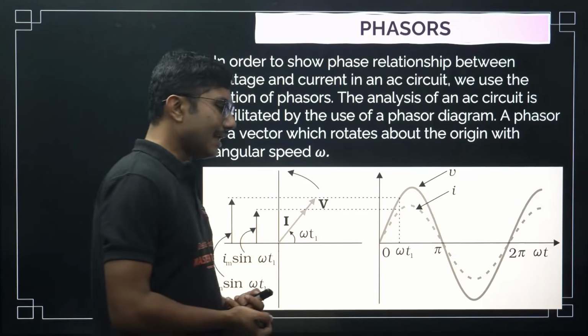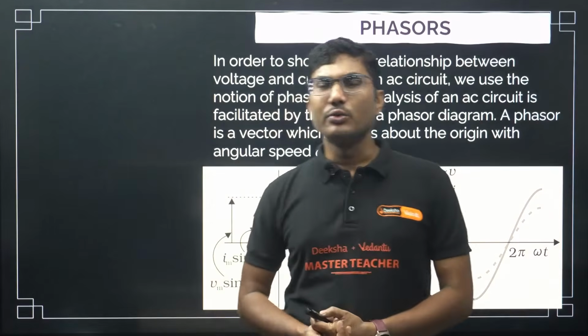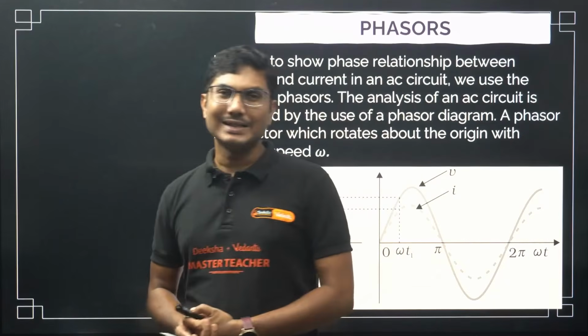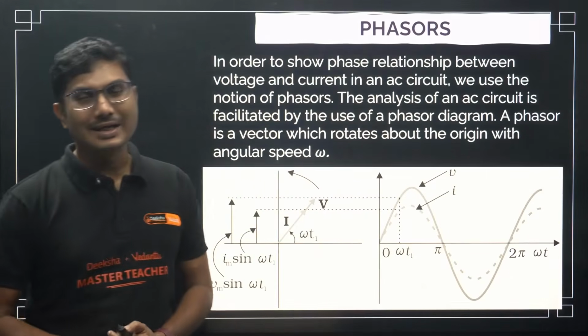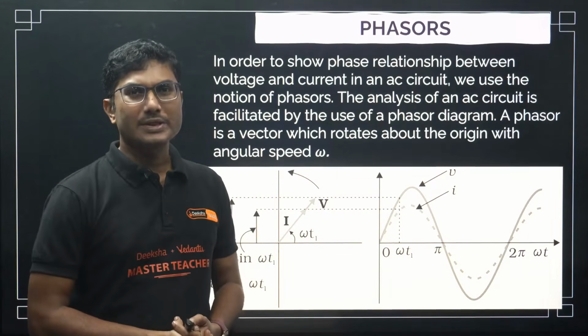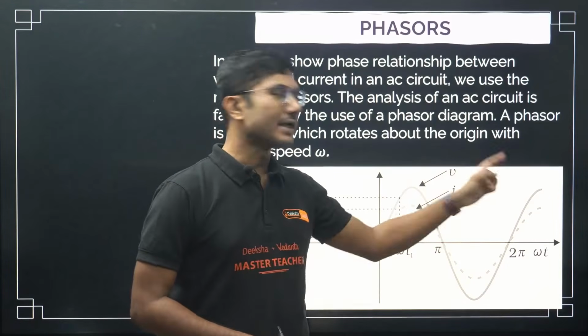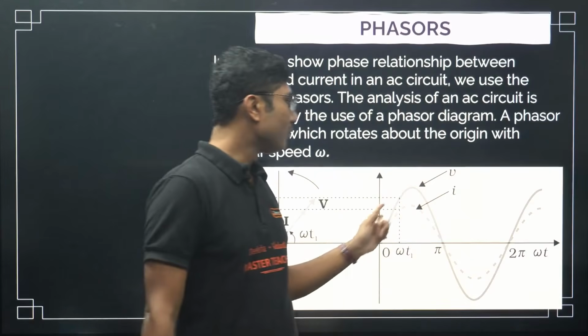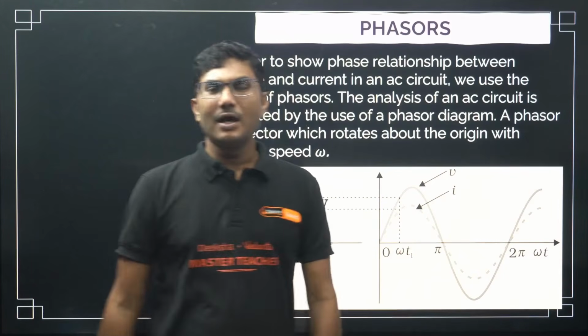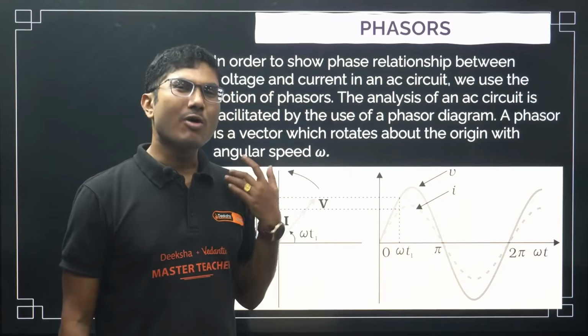Now AC is very difficult to represent. AC is not something very simple like DC. The graph was simple, the concept was simple. Now in case of AC, as you can see, AC is like a sin omega t graph. Sin omega t graph looks like this, and time keeps on increasing.